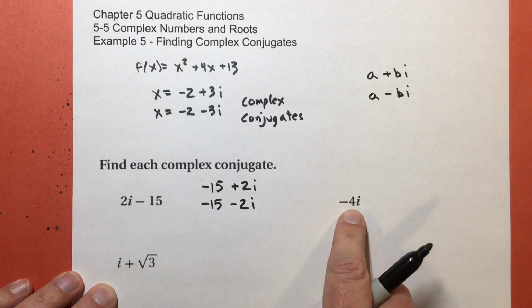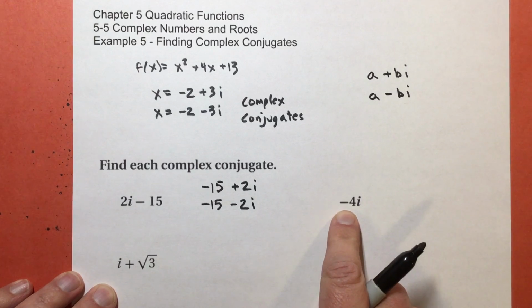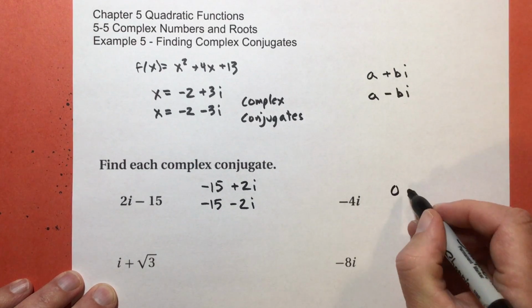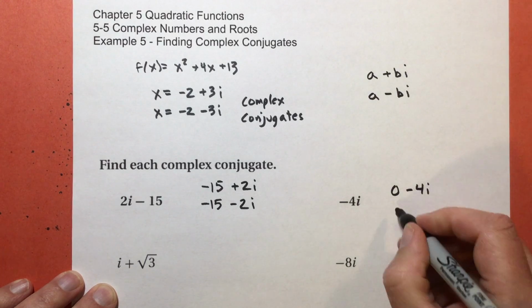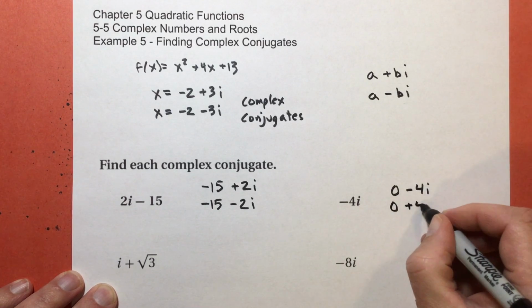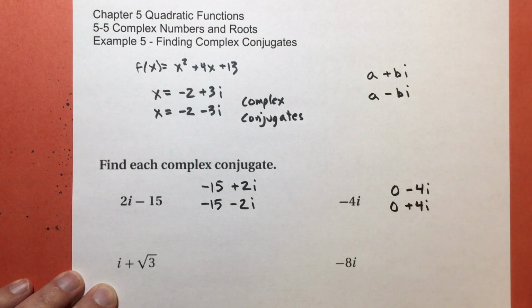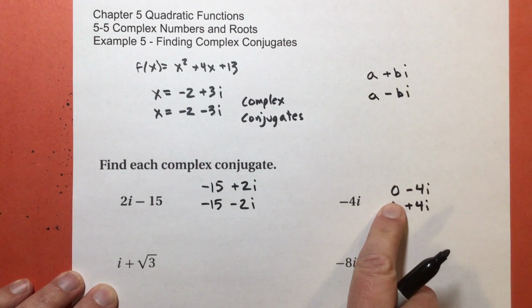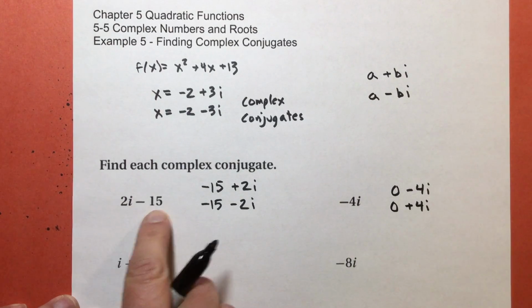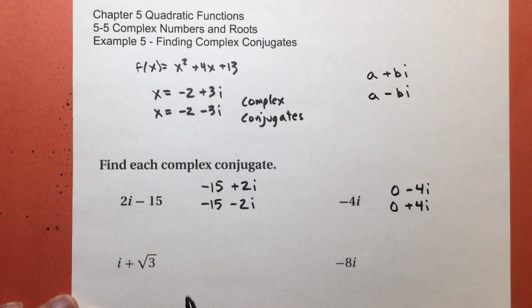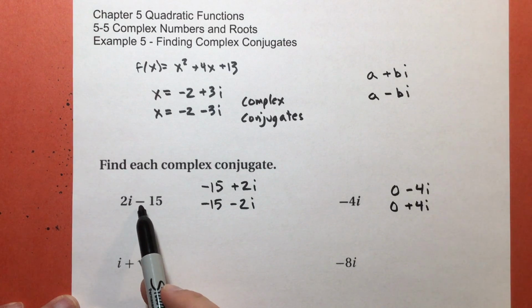For this one, you think, well, what's the real part? Well, the real part is 0. This is 0 subtract 4i. So its complex conjugate is 0 plus 4i. Or you can just say 4i. Again, this one, when they switched it, they're trying to trick you into saying 2i plus 15.